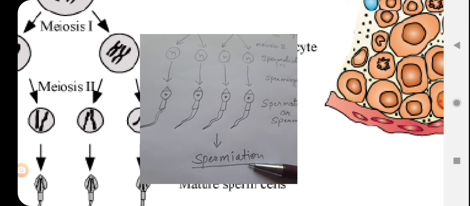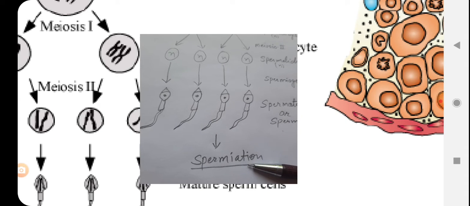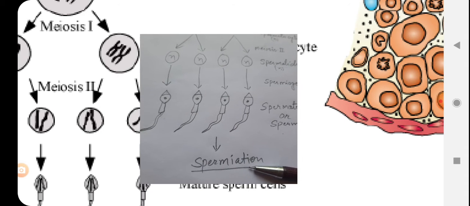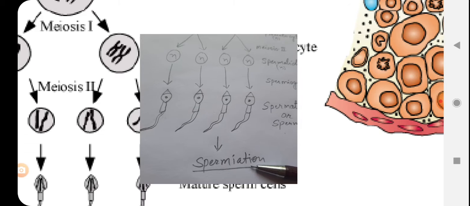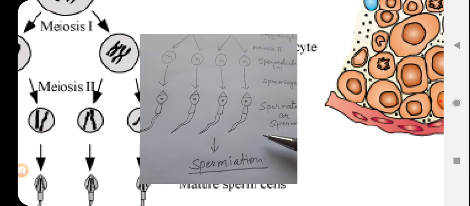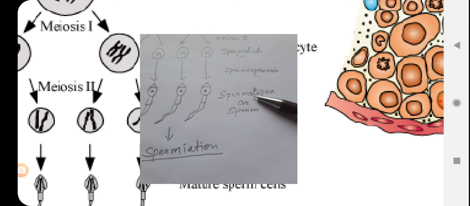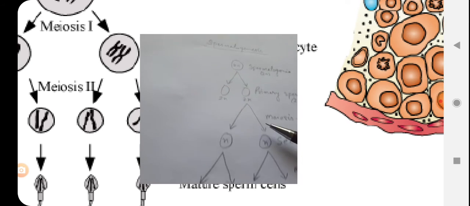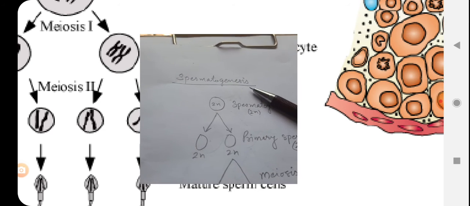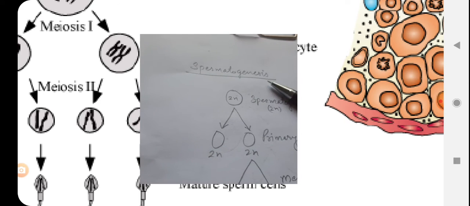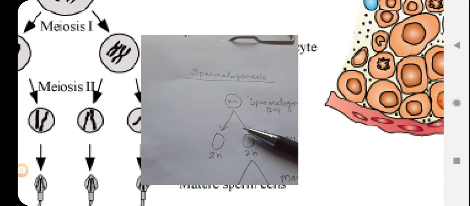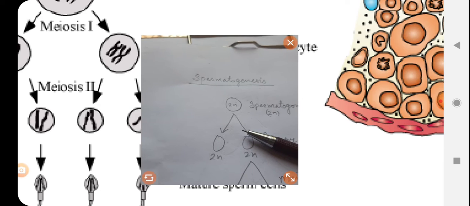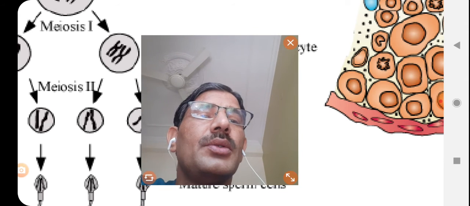The process of releasing mature sperms into lumen of seminiferous tubules is called spermiation. So spermiation, spermiogenesis, and spermatogenesis. Spermatogenesis is the whole process of formation of male gametes. I hope this is all very clear to you.